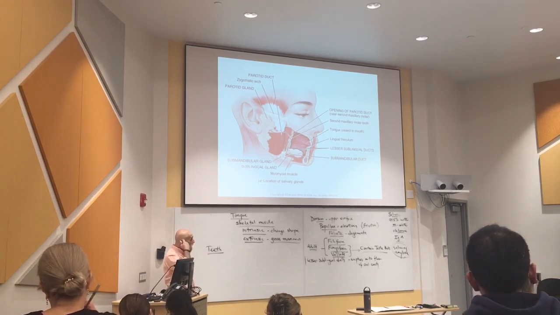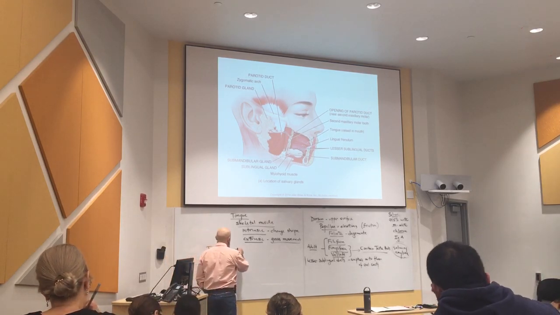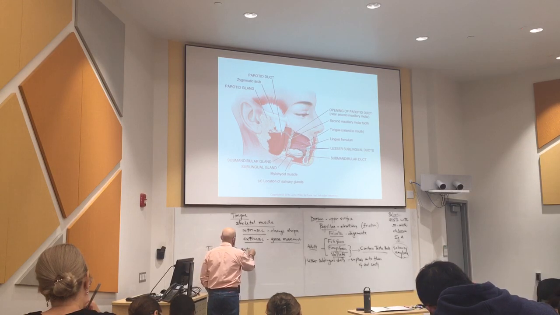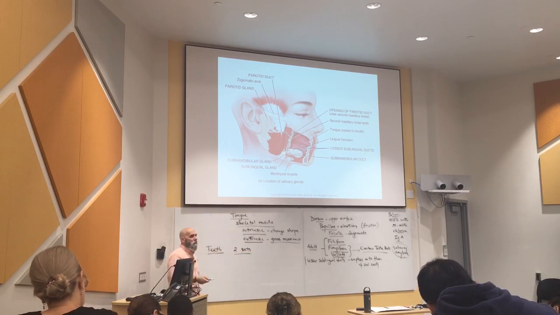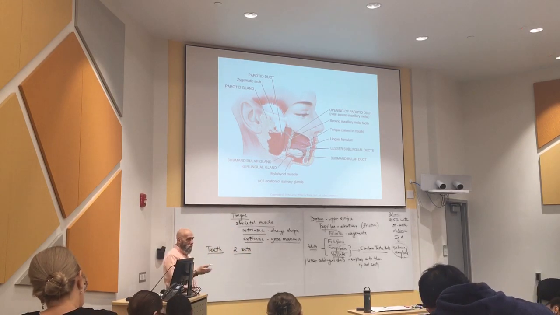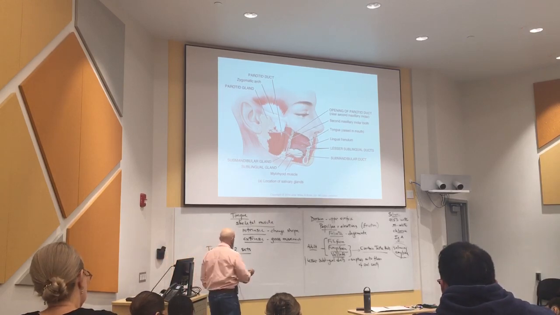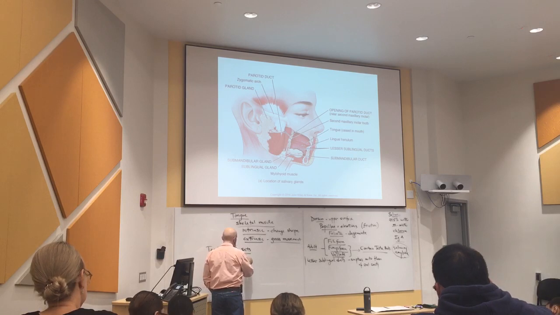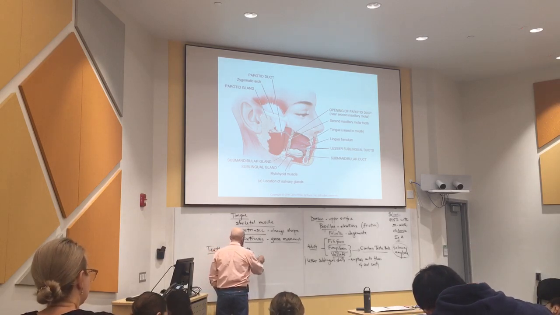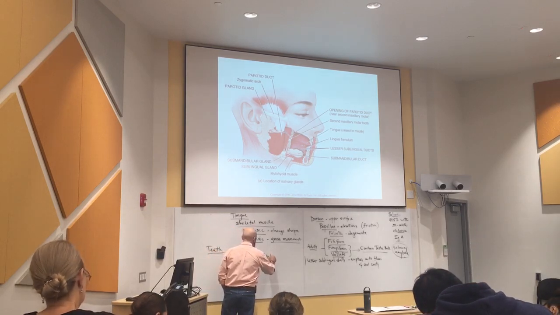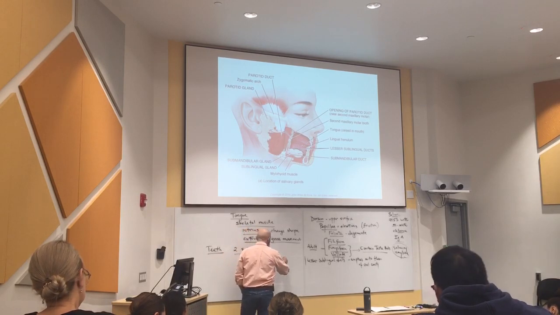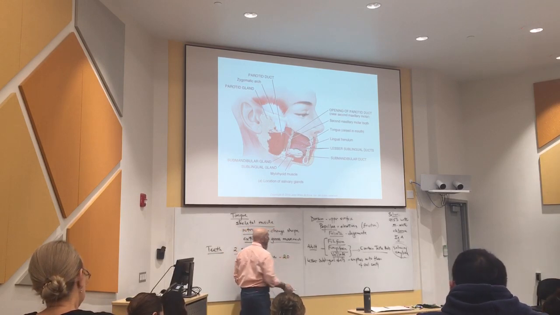When we talk about the teeth, there's actually two sets that we have. We have a primary dentition, or the baby teeth, and then we have a secondary dentition, or the permanent dentition. So the primary dentition, we're going to take a look at these. The primary set, normally the average number that you would have is 20.